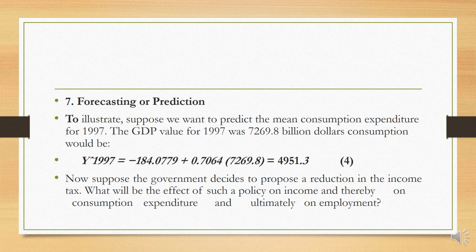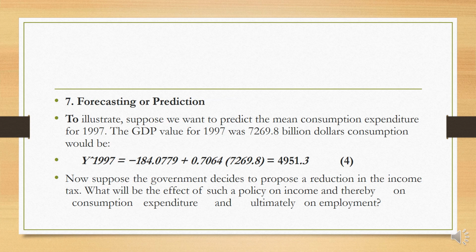Now suppose the government decides to propose a reduction in the income tax. What will be the effect of such a policy on income, and thereby on consumption expenditure and ultimately on employment?